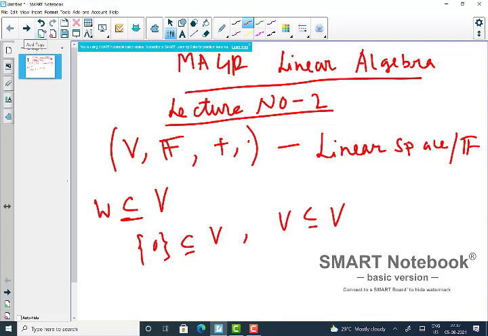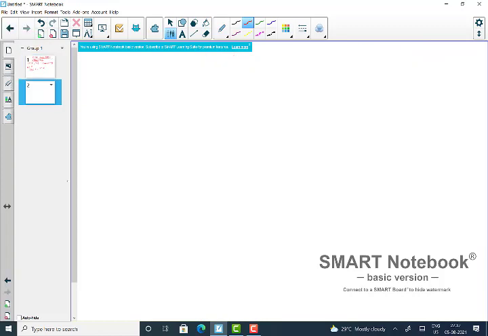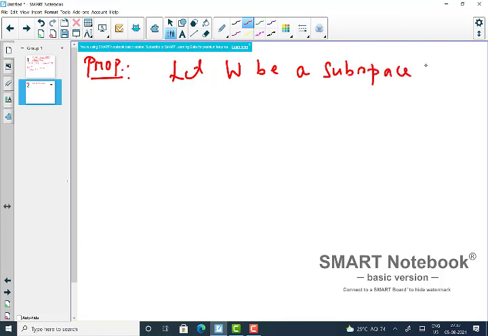So today we learn many important ideas, but for that let us first check a property. This is a very simple property. If you have a subspace W, let W be a subspace of V, and you choose some finitely many elements inside W, say small w1, w2, up to wn.